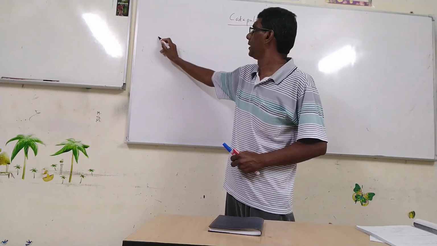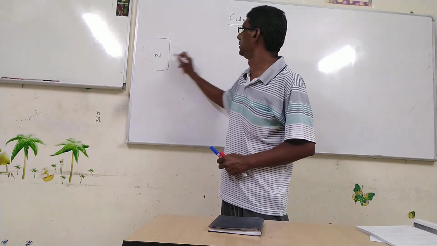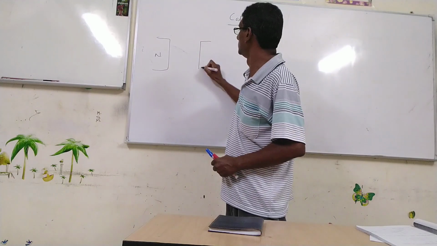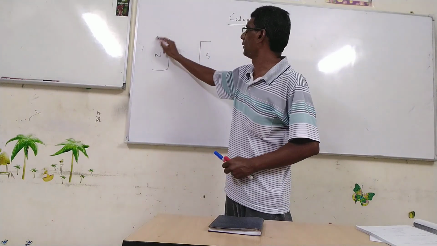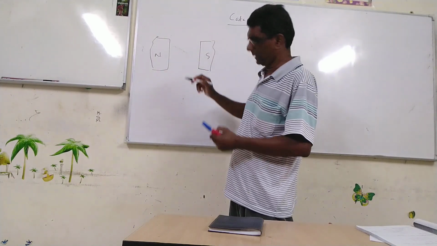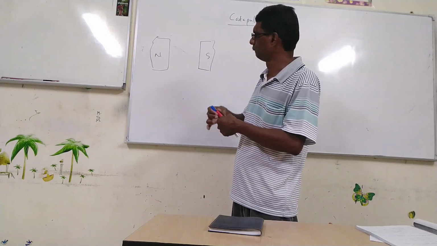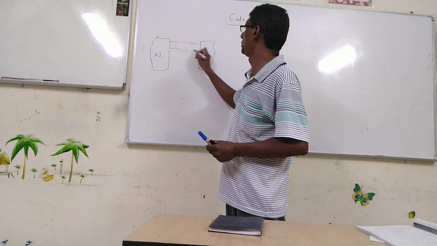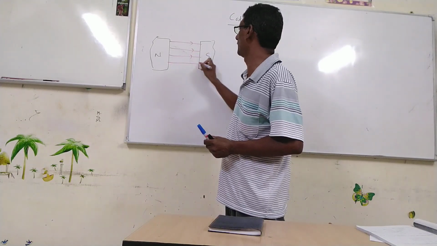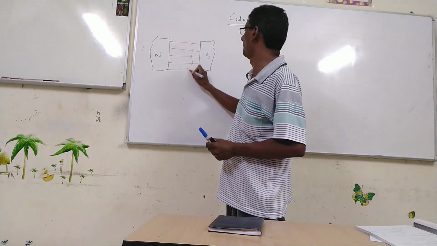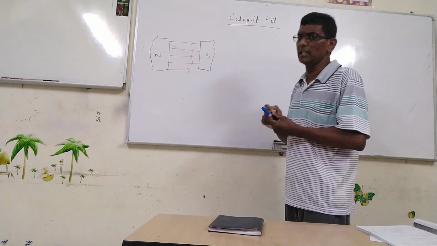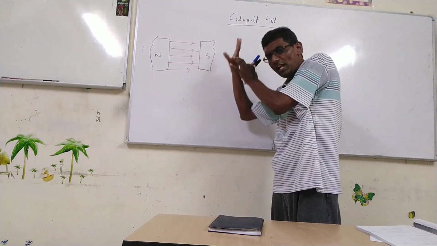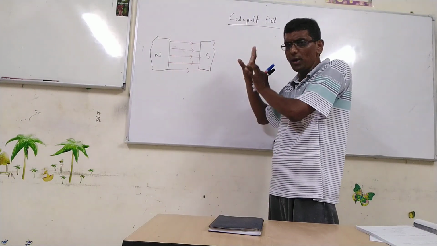First of all, this one is North Pole and South Pole. There's a permanent magnetic field. Not necessarily 5 is okay, permanent magnetic field. This permanent magnetic field is always there.